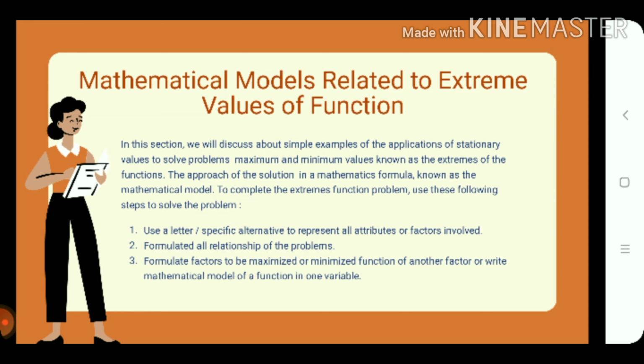Number 3, formulate the factor to be maximized or minimized as a function of another factor, or write the mathematical model of a function in one variable. And number 4, determine the maximum or minimum value of the result from step 3.